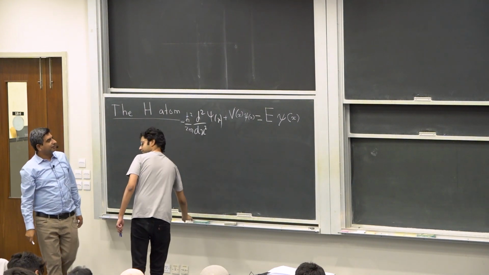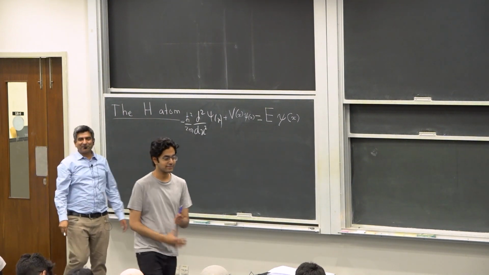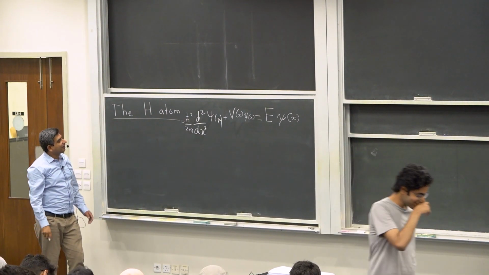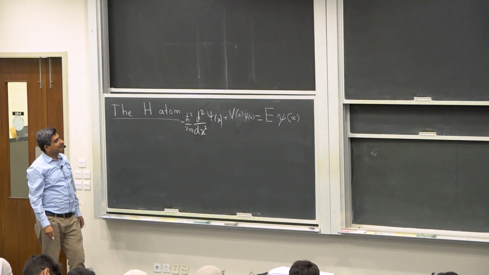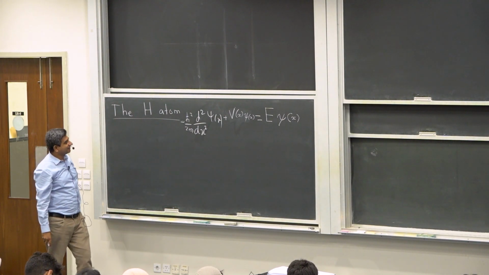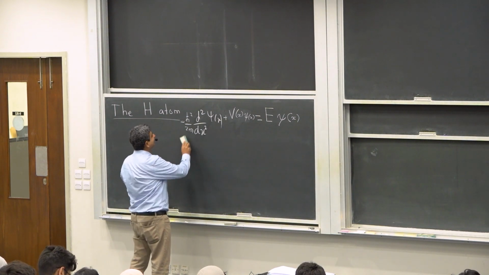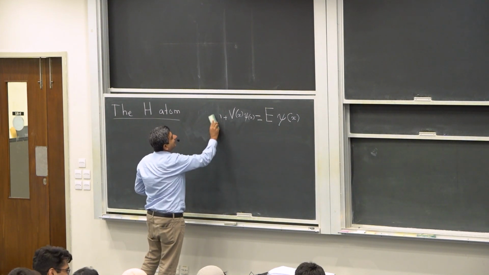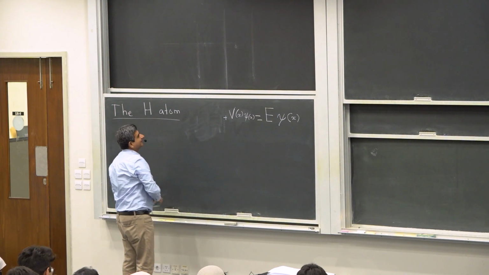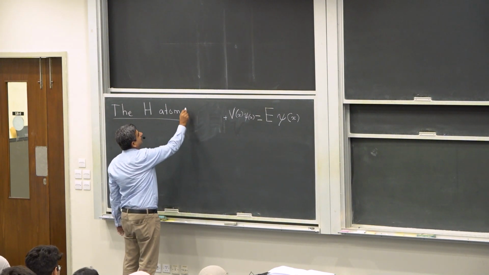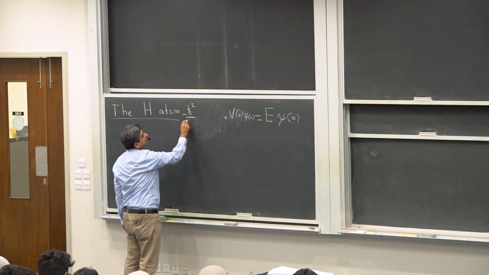Alright. So I think the eat break has taken a toll on many of you, but alright. So this is the time independent Schrodinger equation. Since I like my blackboards to be neat, let me rewrite this. So I have minus h bar square over 2m.